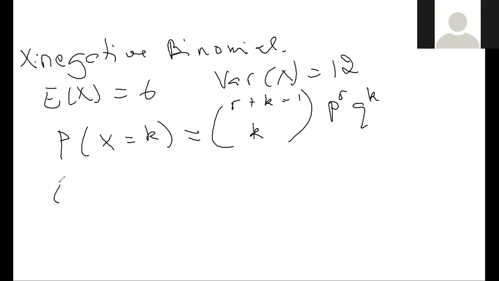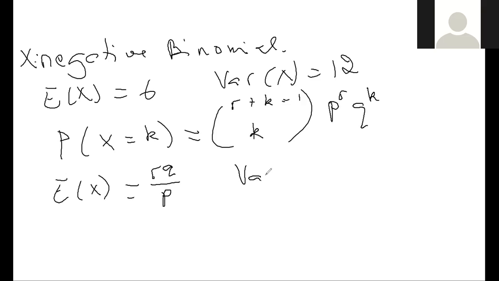Now you have E of X. Can someone tell me what is the mean of a negative binomial distribution? It's rq over p.